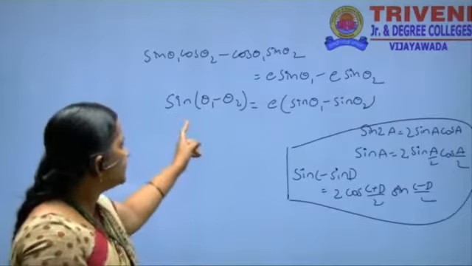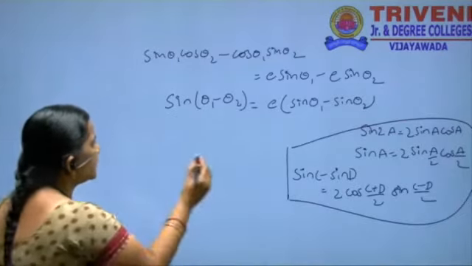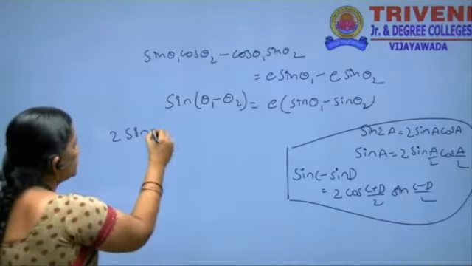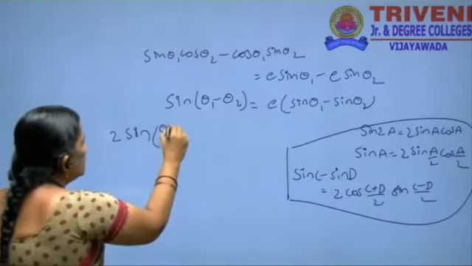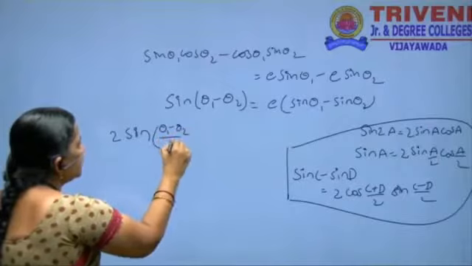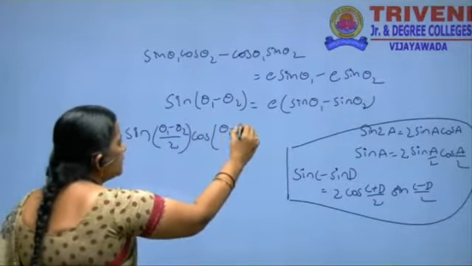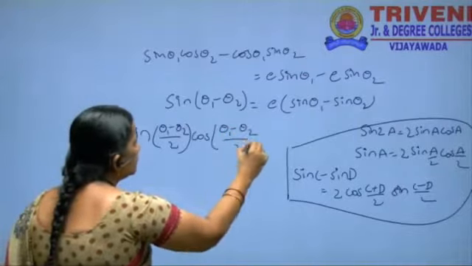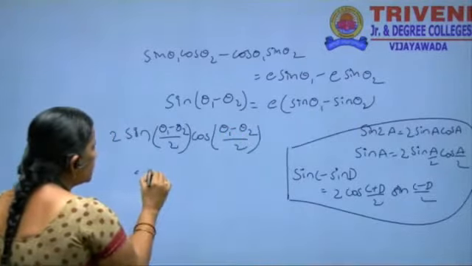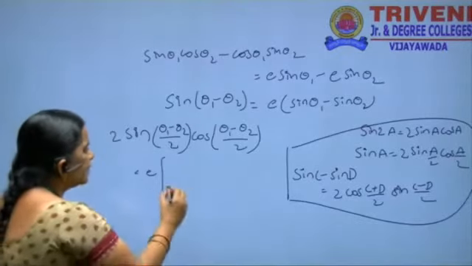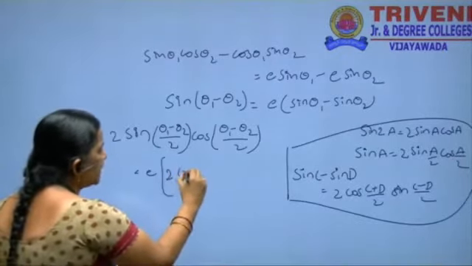Okay. Here sin theta 1 minus theta 2 can be written as 2 sin theta 1 minus theta 2 by 2 into cos of theta 1 minus theta 2 by 2, is equal to E into sin c minus sin d, which is 2 cos c plus d by 2.